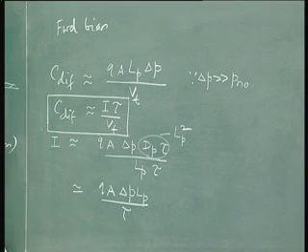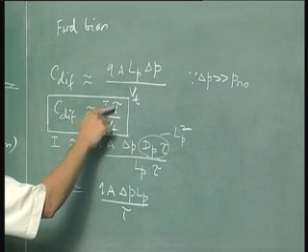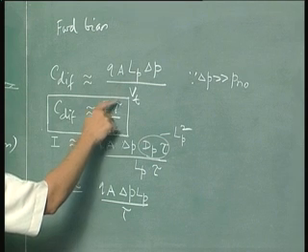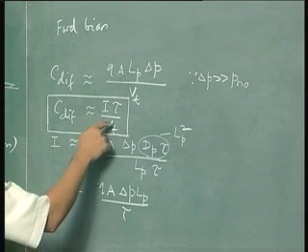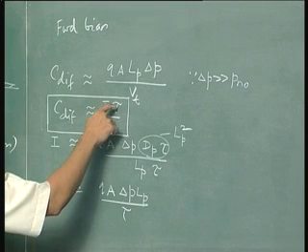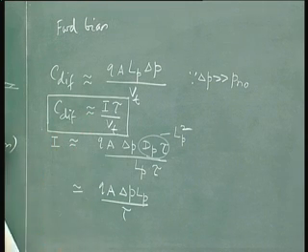This is very easy to remember because current into time is charge, and charge by voltage is the capacitance. So the characteristic voltage is the thermal voltage, and here this is the characteristic time, that is the lifetime.